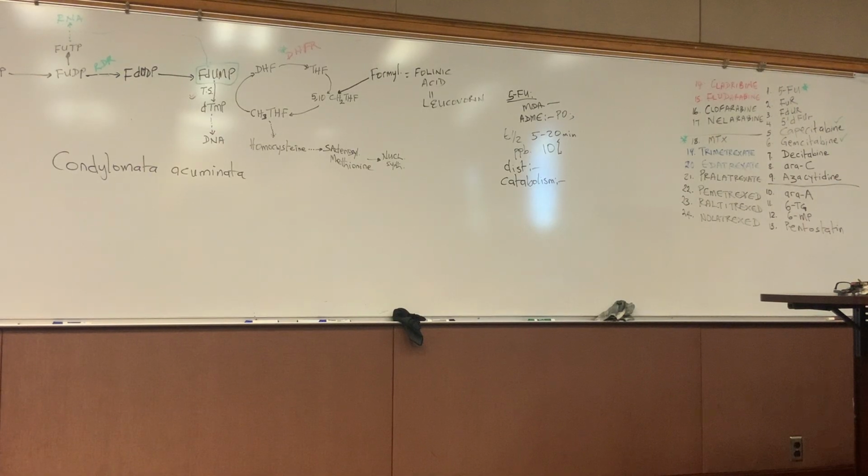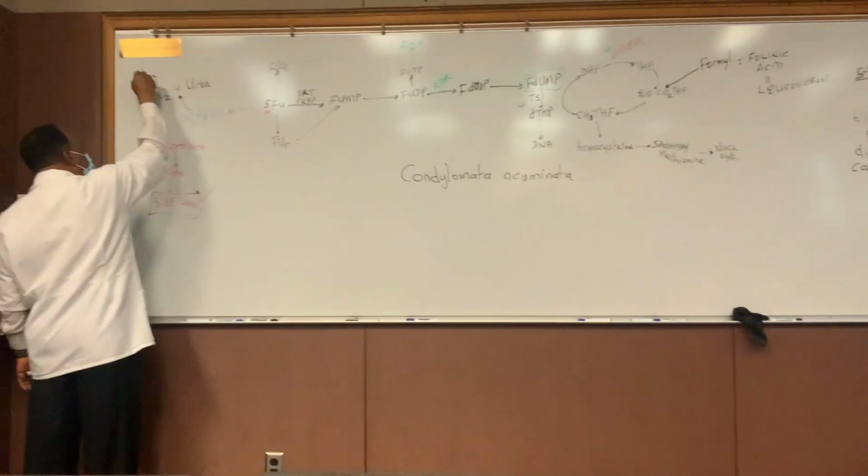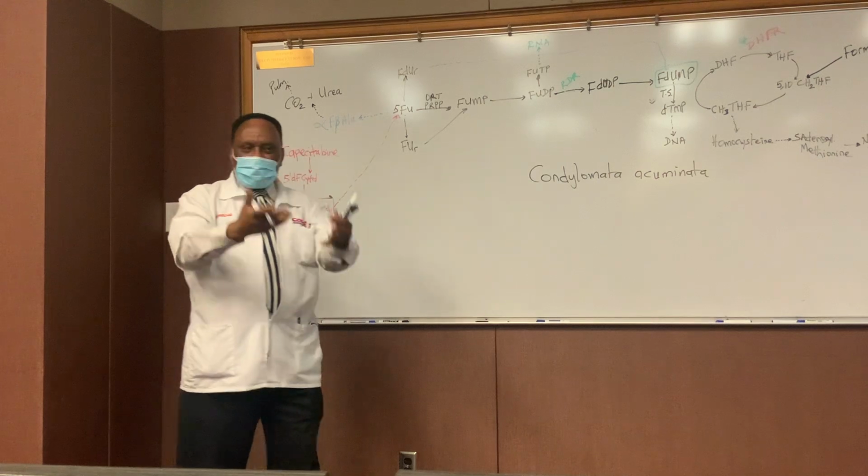And 5-FU can eventually be converted to what we call FUBOL, alpha fluorobeta alanine. Once that is produced, then it can eventually produce some carbon dioxide and urea. Okay. And then the carbon dioxide can go out through the pulmonary system. That is expiration.